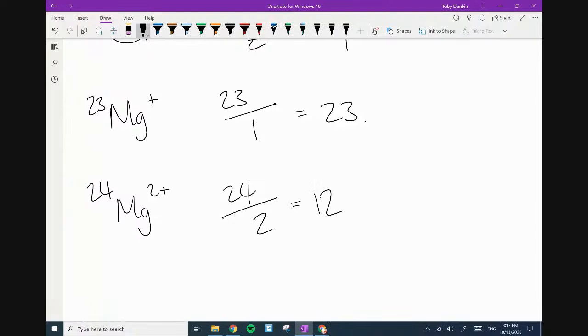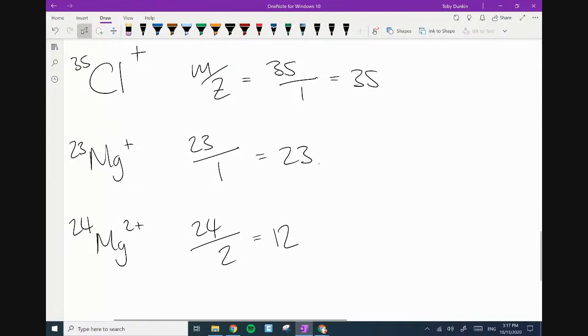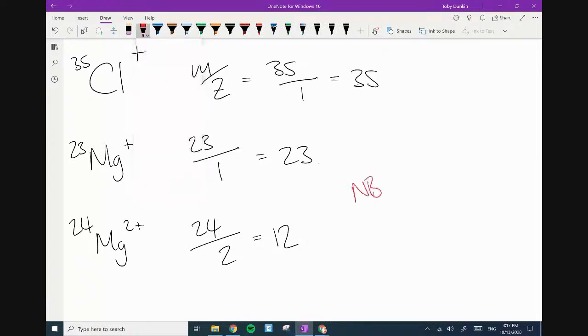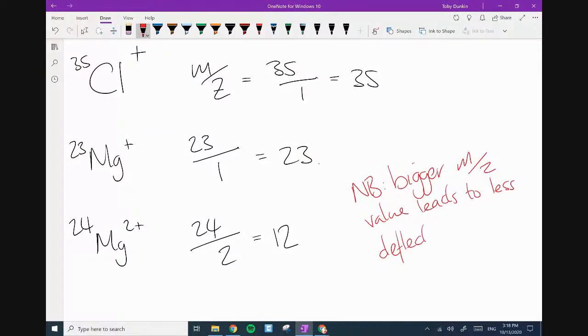Much greater deflection. Nota bene in red. Bigger m over z value leads to less deflection.